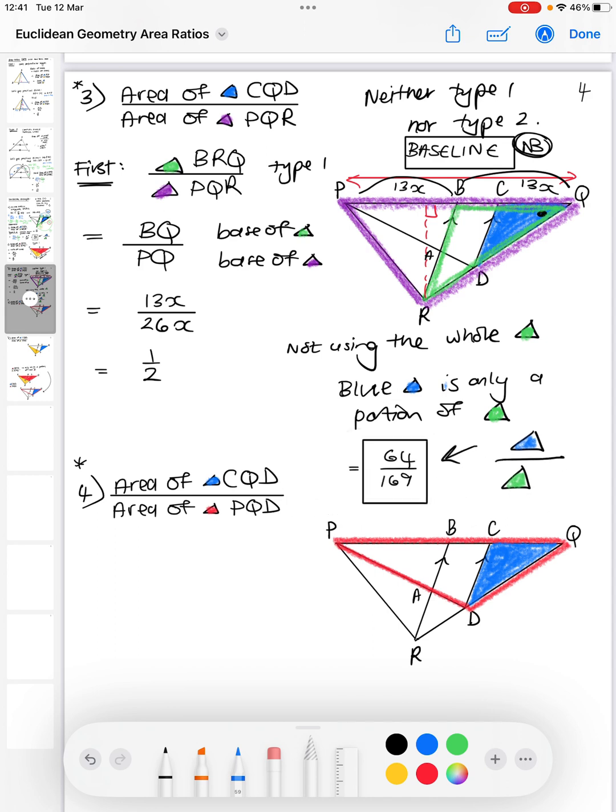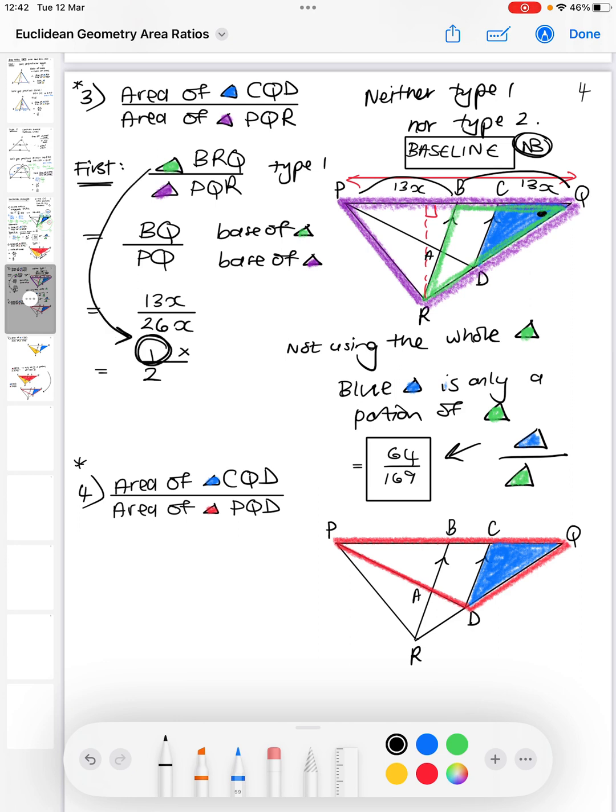I'm reminding you that the blue over green is equal to 64 over 169. And considering that we are not using the whole green triangle, we are going to multiply the green part of my question with the ratio 64 over 169 over 2. And that would give you your final answer.